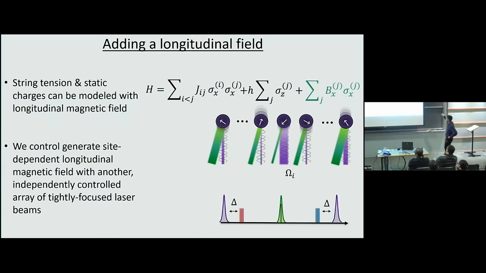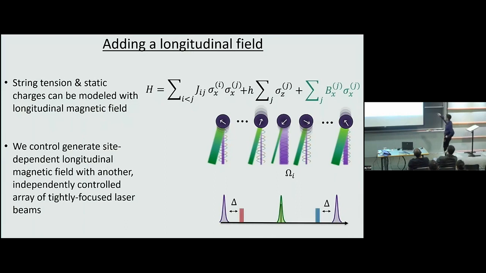We prepare the first array, and we change the amplitude so that we can engineer the Ising interactions to be uniform, and then we can also shift the frequency of the different spins. And the second array, we tune to be near the carrier transition, where we drive the spin flips without coupling to phonons. So that's basically just a longitudinal field.